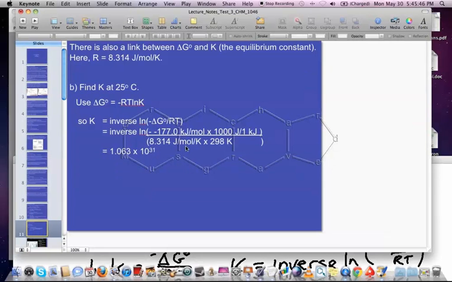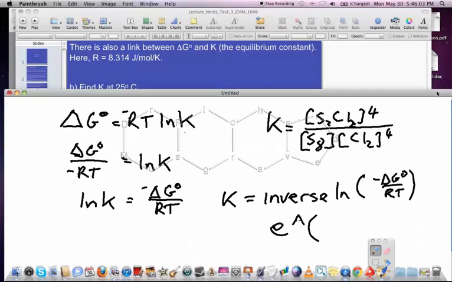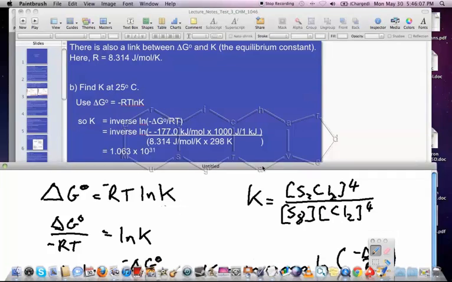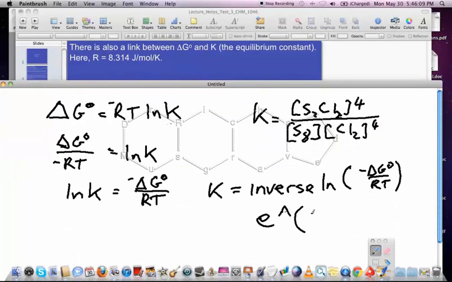Now, if it's a negative delta G, then what you're looking at is always a big number for K, because the negative will cancel out the negative and you'll end up with a positive here, and you're taking the inverse log of that. The number that you come up with here, by the way, in your calculator would have been 71.44.